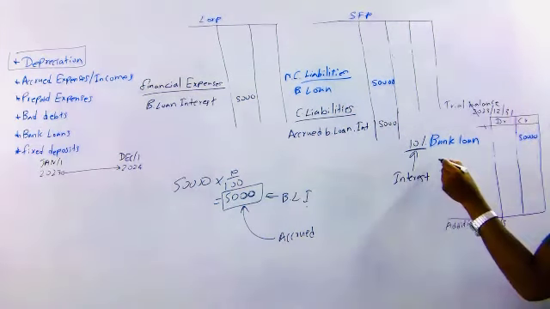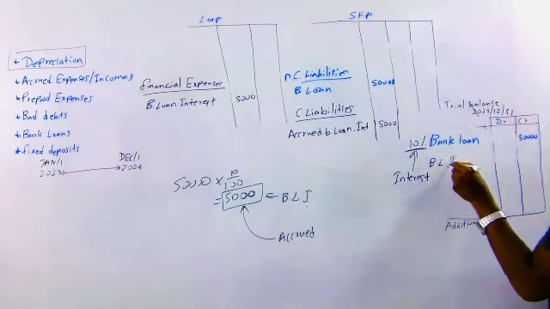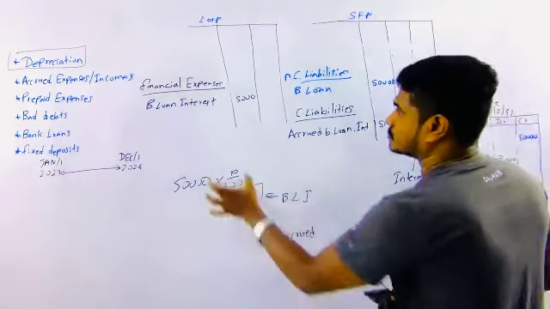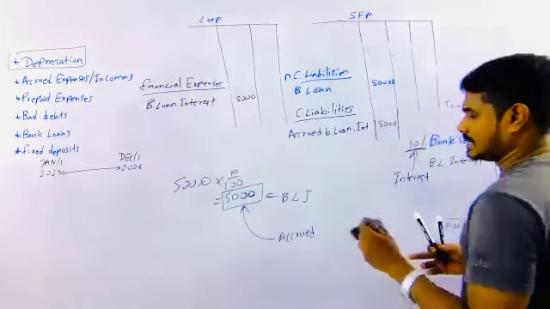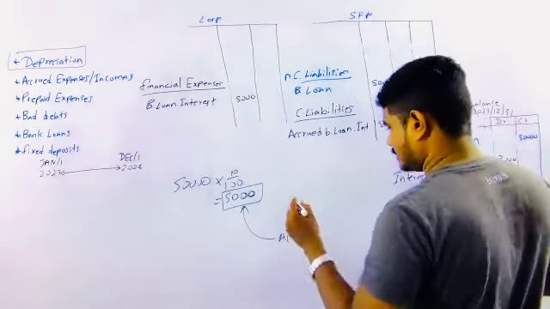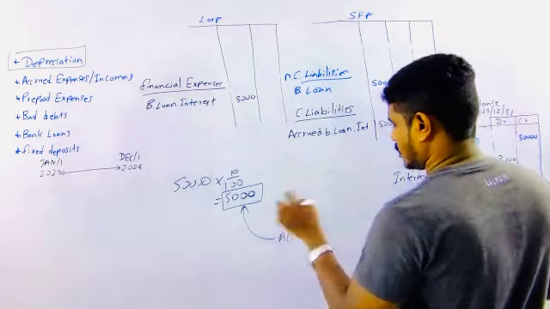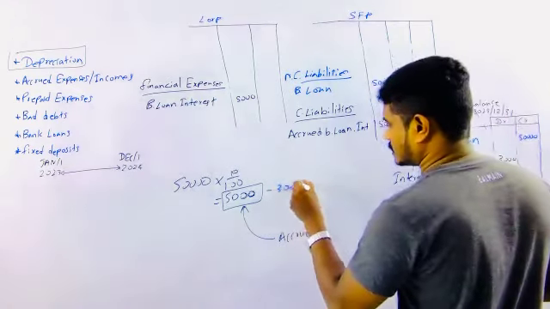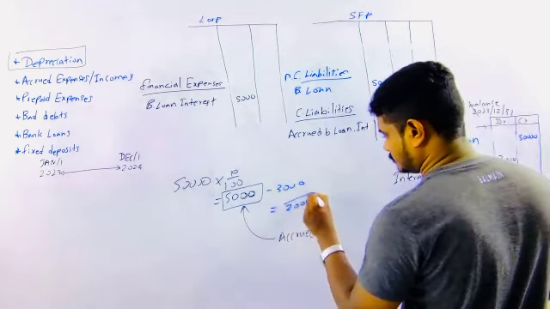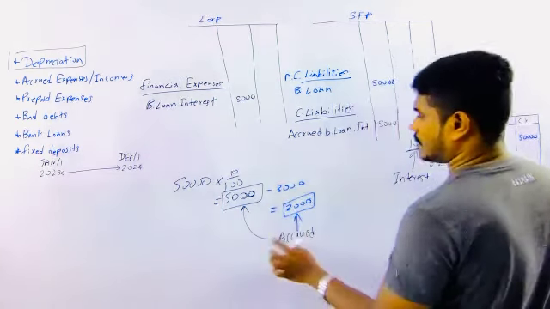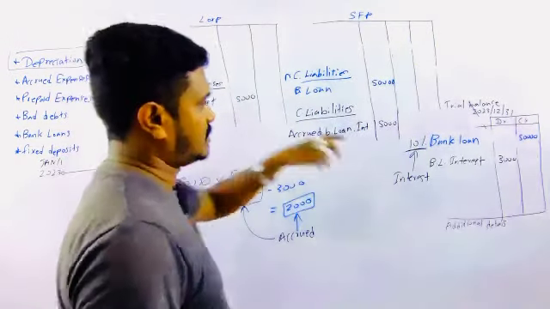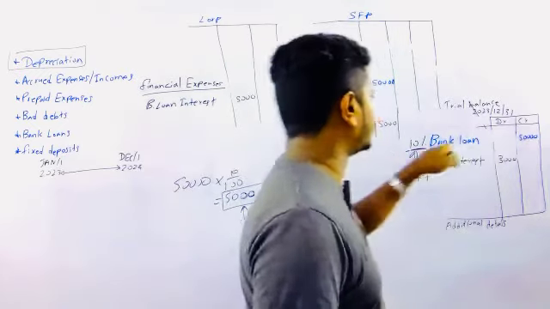And sometimes they have mentioned bank loan interest 3,000. What does that mean? The total expense is 5,000, but they have paid only 3,000. So we have a remaining 2,000 of accrued bank loan interest, no? We have already included the real expense, taking 10% of 50,000 as 5,000.